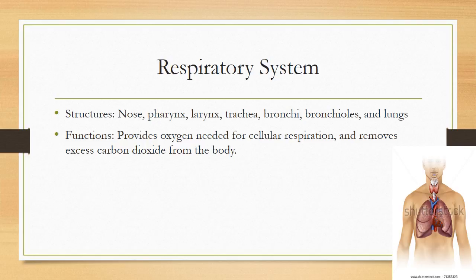So your pharynx is kind of the back of the nose or back of the throat, and this is where your mouth and your nose are connected. So your larynx is right below that, and that's actually your voice box. So this helps you with speaking, with your pitch, with your tone. Your trachea is another name for a windpipe. So if you touch the front of your neck, it's pretty hard, okay?